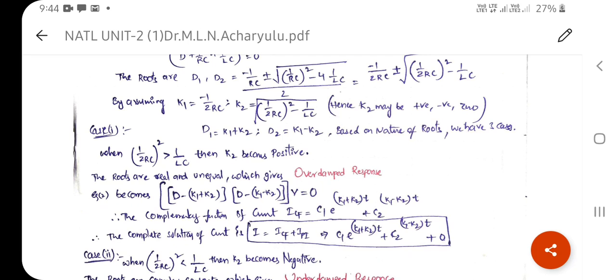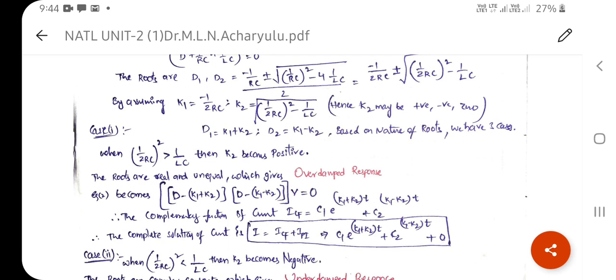Therefore this gives the overdamped response, and the equation can be rewritten as (d minus of k1 plus k2) into (d minus of k1 minus k2) whole into v equal to 0. So the complementary function of the given equation is c1 e power (k1 plus k2) t plus c2 e power (k1 minus k2) t.